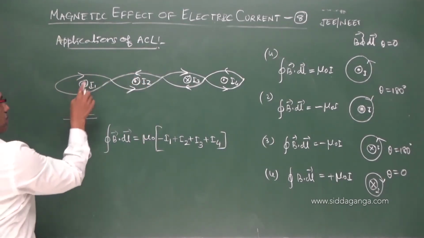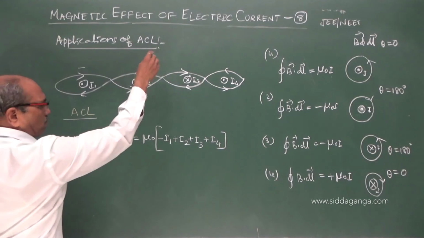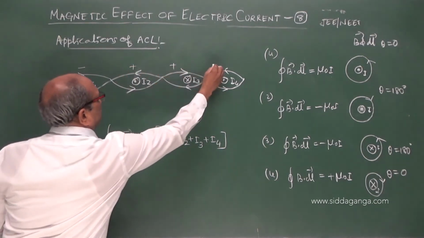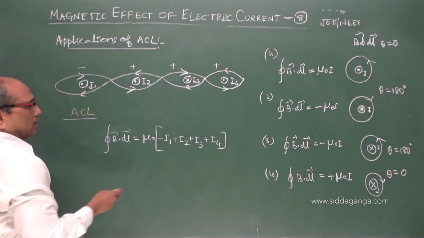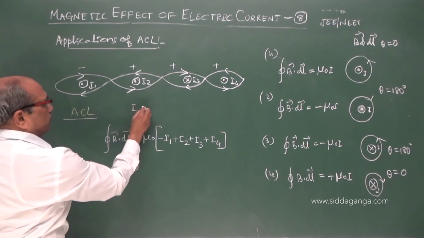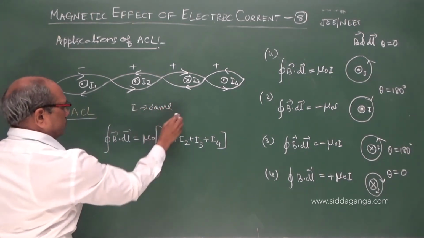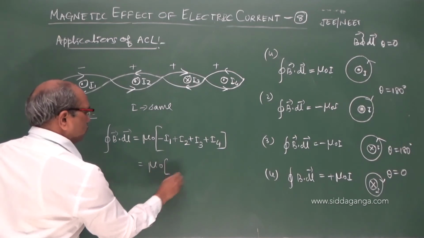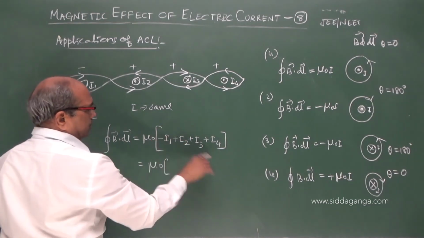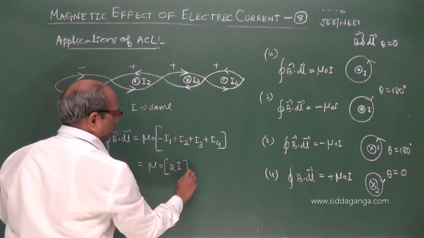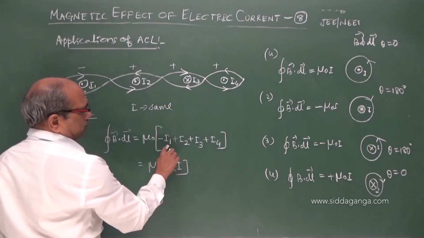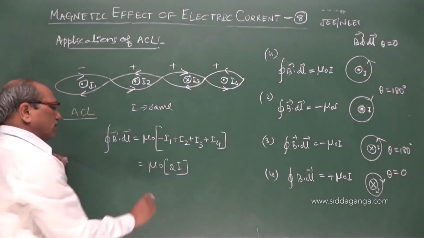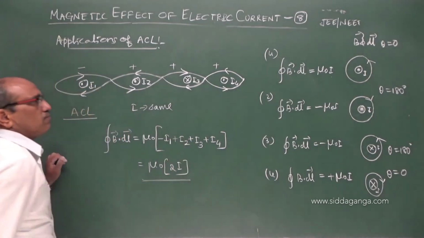This gives minus, this gives plus, plus and plus. So if I sum, what happens? Mu naught into minus I plus I cancels, remains with 2I. Because 3I minus I is 2I. This is the solution for that.